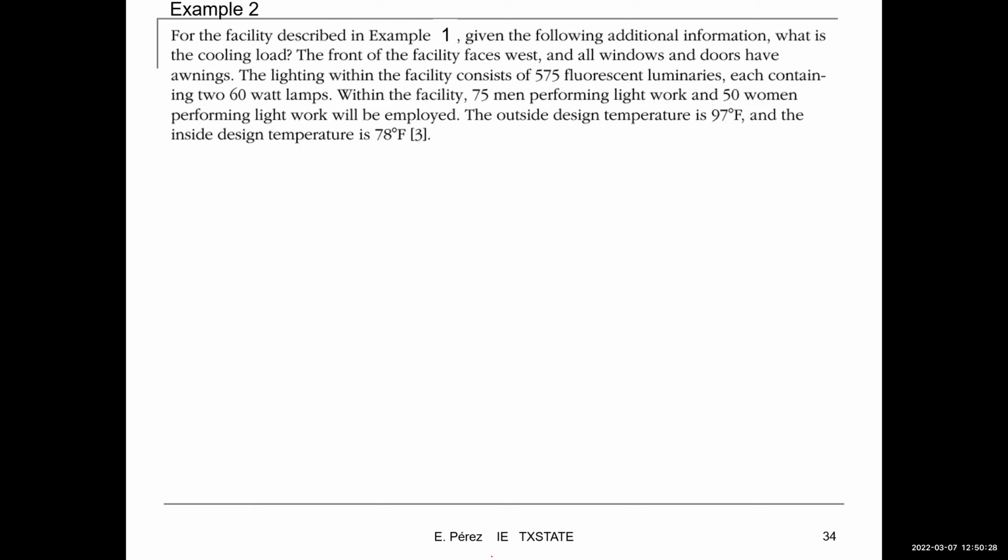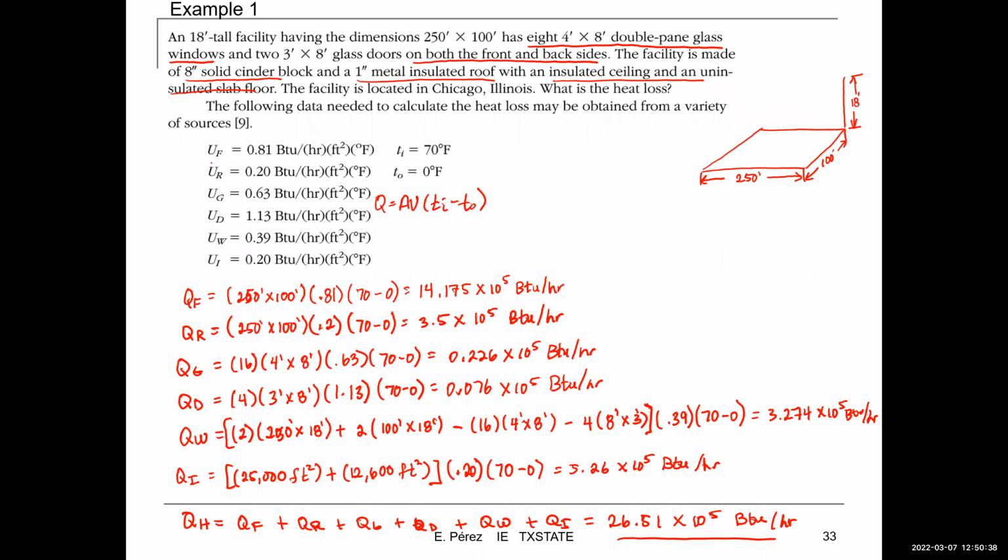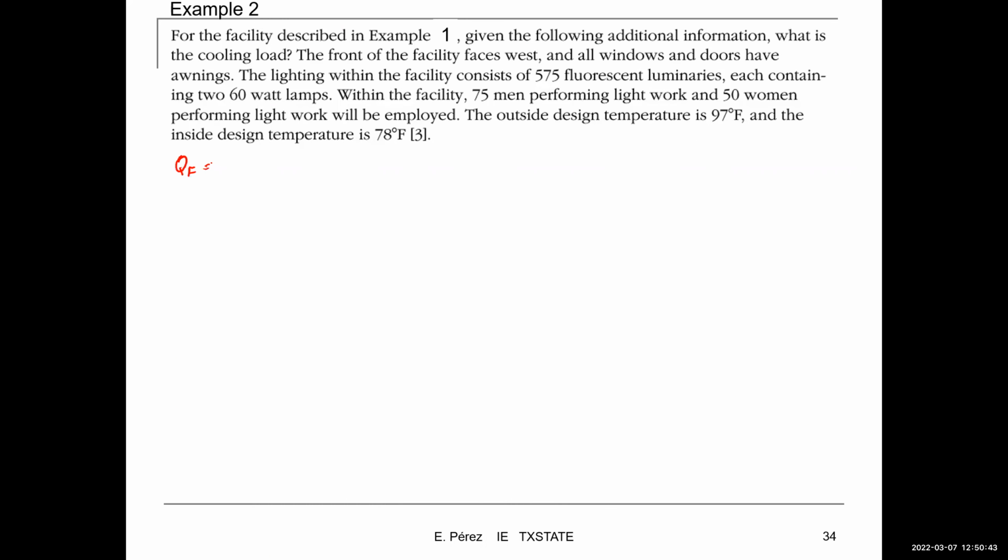So we're going to start with the floor. We have the same facility, right? So it's 250 feet by 100 feet. So the area is 250 times 100.